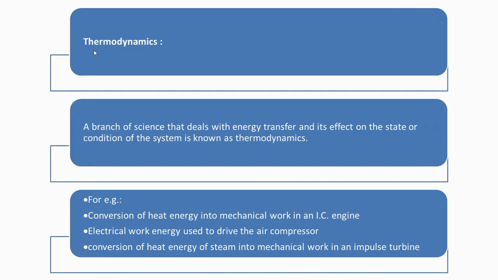Similarly, in the case of a reciprocating air compressor, to drive the compressor we use an electric motor. So electrical energy is used as an input, and then the suction valve takes the atmospheric air inside the compressor cylinder.